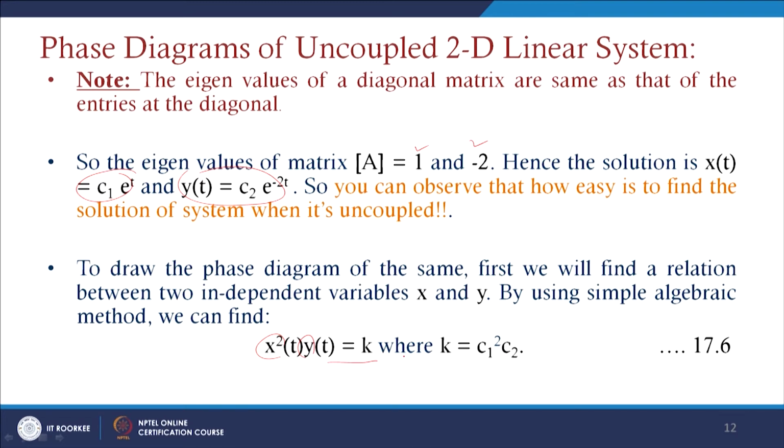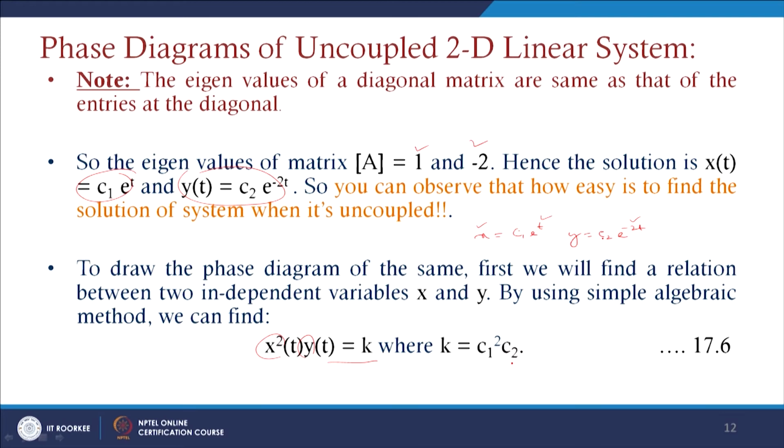Since we have an uncoupled system here, x equals c1 e to the power t and y equals c2 e to the power minus 2t. Since x depends on t and y also depends on t, we can establish this relationship in the form of x and y.